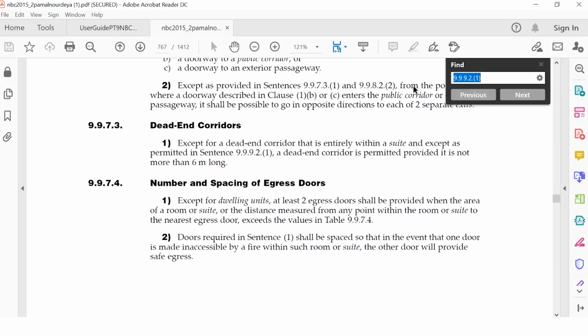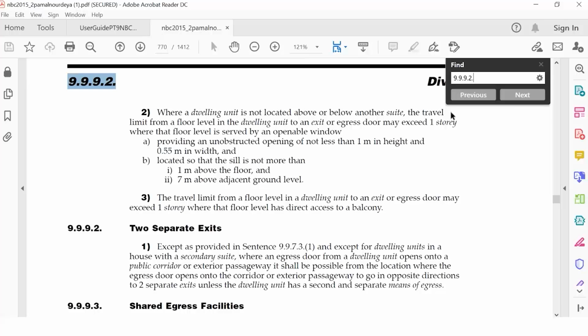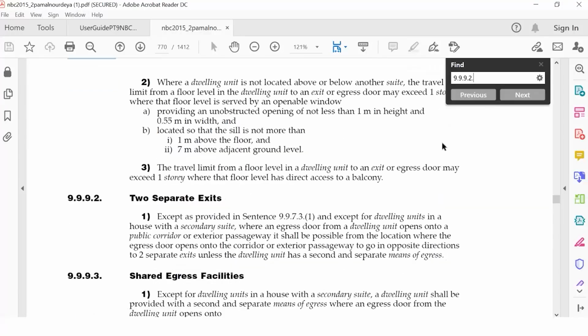Did we do something here? Why is it not liking it? Ah, I know why. Because it won't see it that way. It will see it like this. Okay, there it is, 9921.